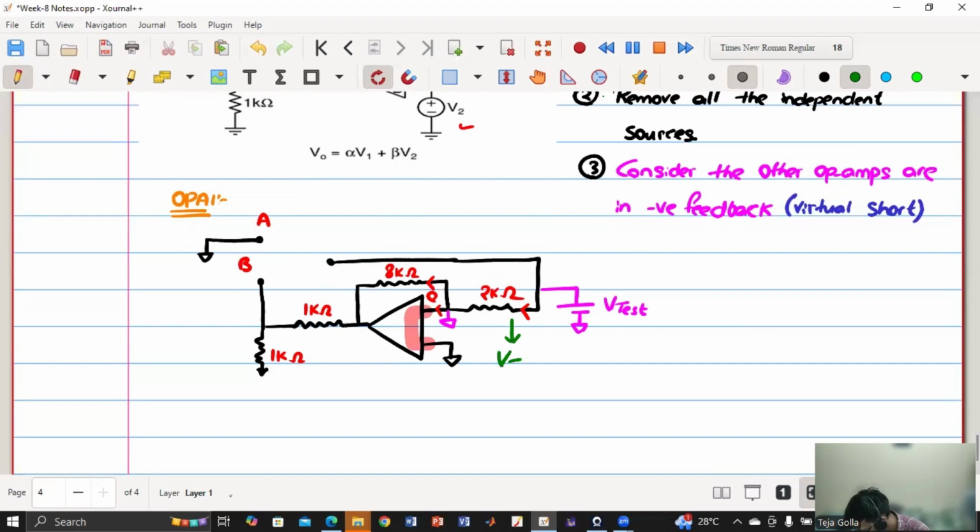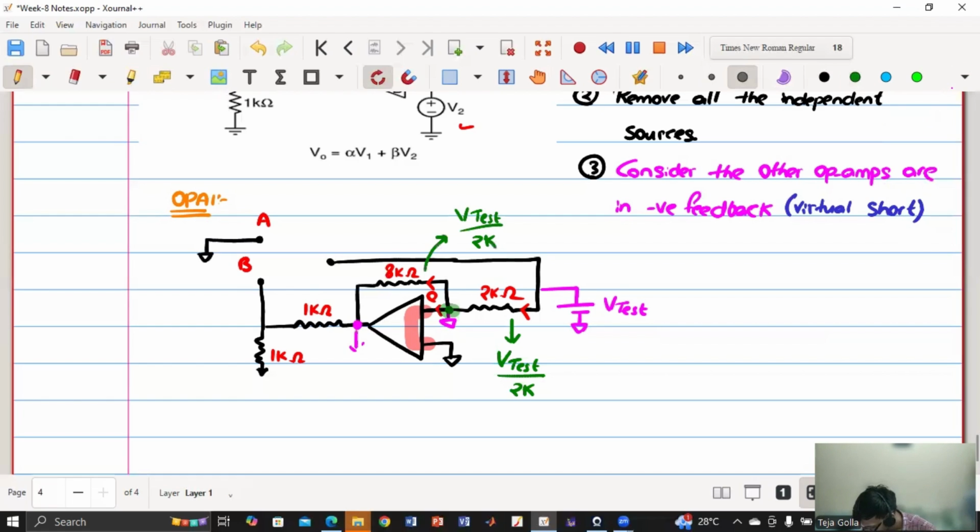It is V test by 2K, right? Because this terminal is grounded and this terminal is V test. So voltage across it is V test. Current is flowing from V test to ground. So current is V test by 2K. So if that is V test by 2K, this also should be V test by 2K because it is the same current that is flowing. Agree?